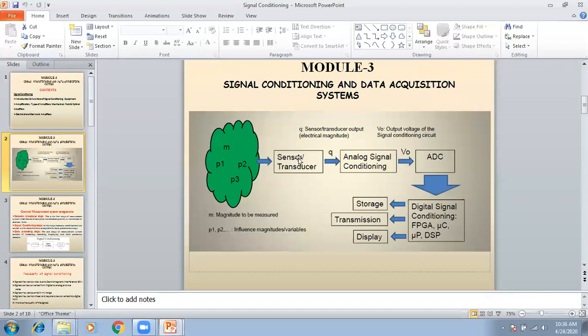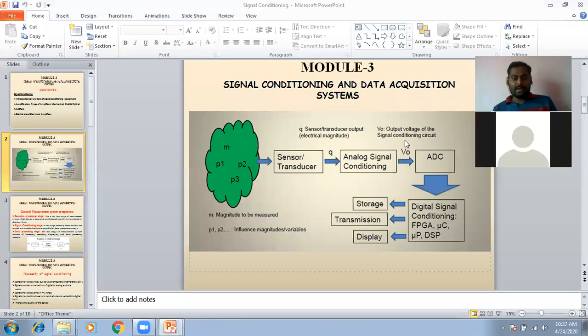This is the signal conditioning system. The physical quantities, such as pressure, force, or displacement, whatever they may be, go to the first stage, a transducer, which converts them into an electrical signal. After that comes analog signal conditioning.